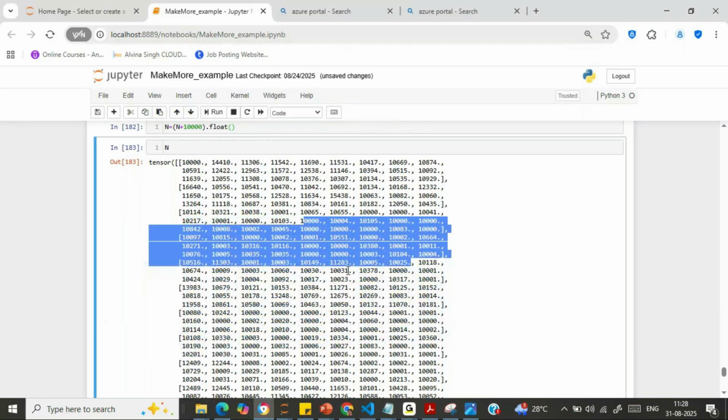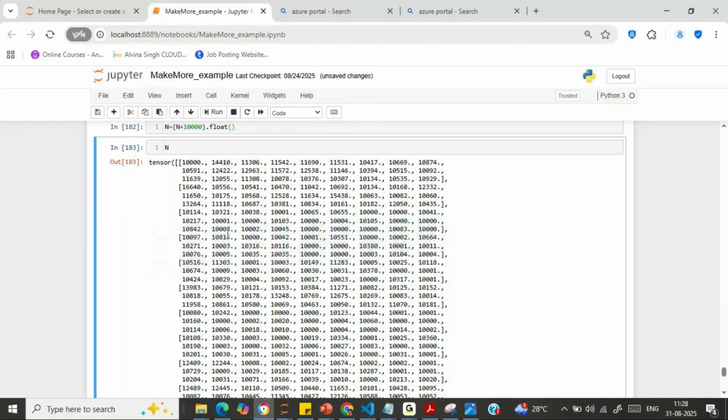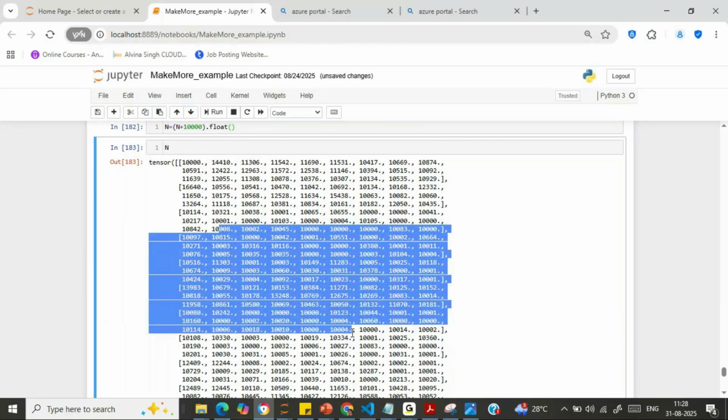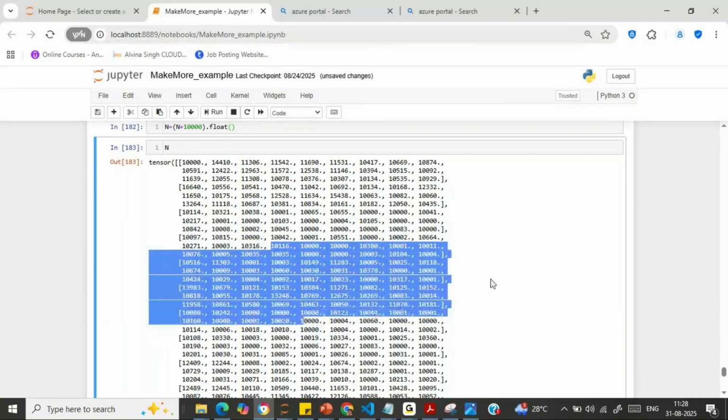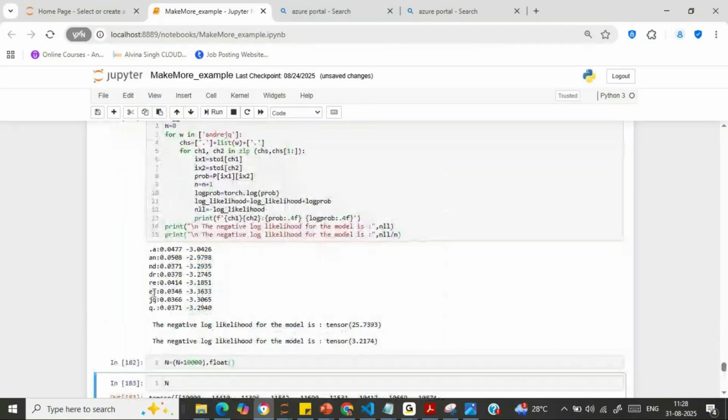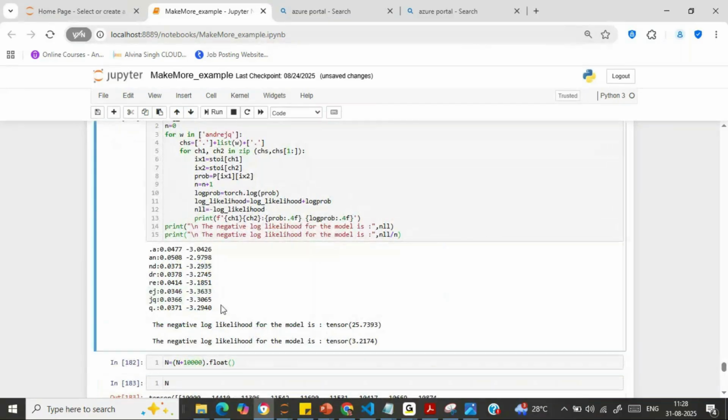So if there are certain values in a given combination, then definitely it will never go to infinity. Previously it went to infinity because the outcome over here was 0, the sum was 0, and if we take the log of 0, it goes to infinity, and because of that the output was infinity.